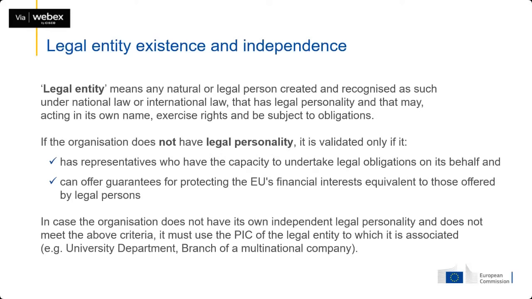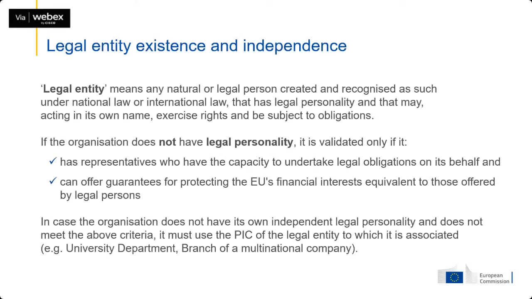And in any case, if the entity cannot be validated with its own PIC and does not have independent legal personality, it still can participate just by using the PIC number of the legal entity to which it is associated. So, for example, in the case of a university department that does not have its independent legal personality, this department can simply use the PIC number of the university itself.